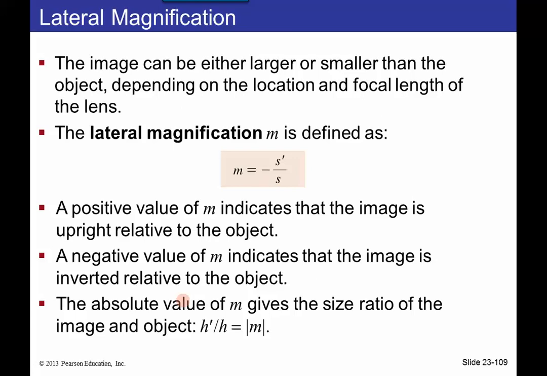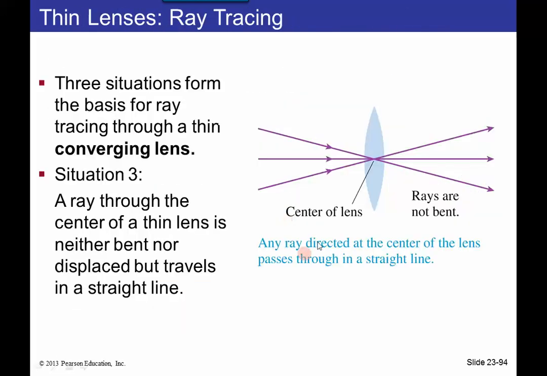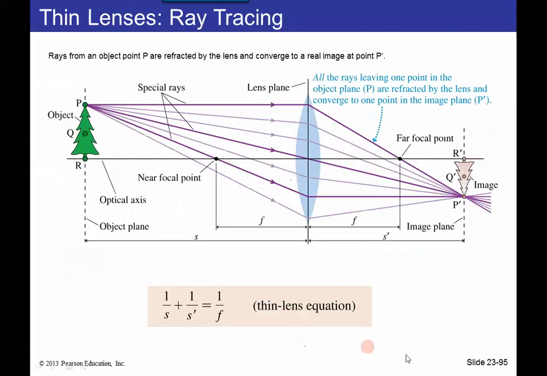So magnification, or lateral magnification, is basically how much bigger you see the image relative to the object, and it's given by minus s prime over s. Remember that s prime is the distance to the image, and s is the distance to the object.